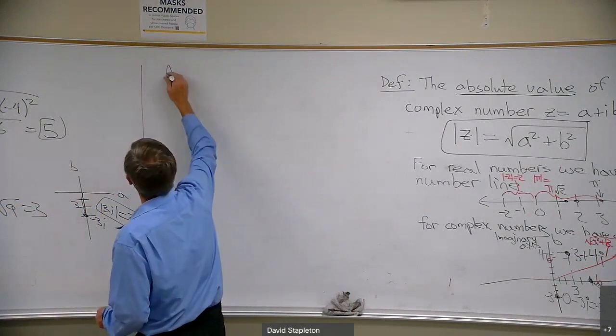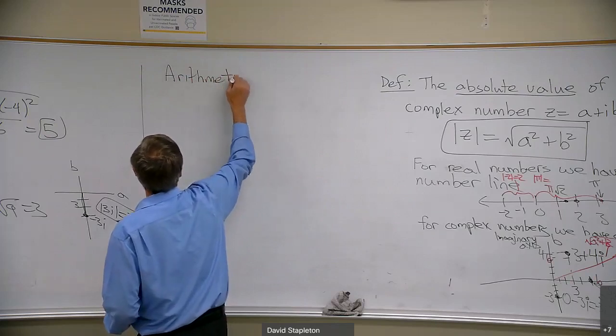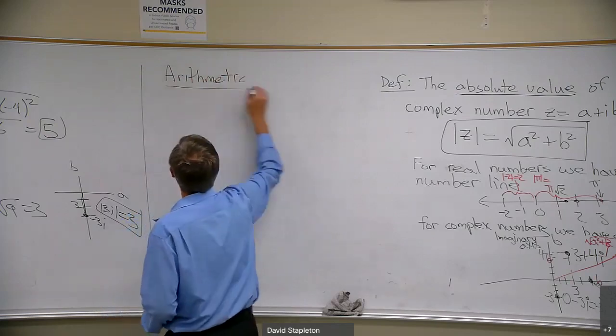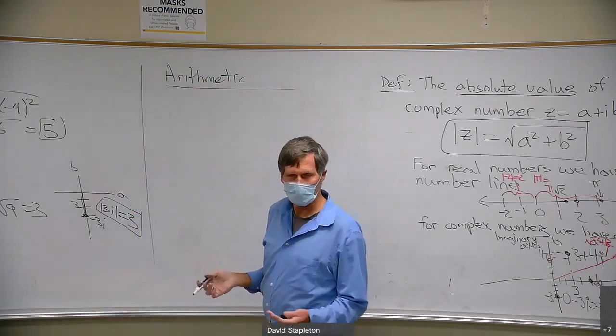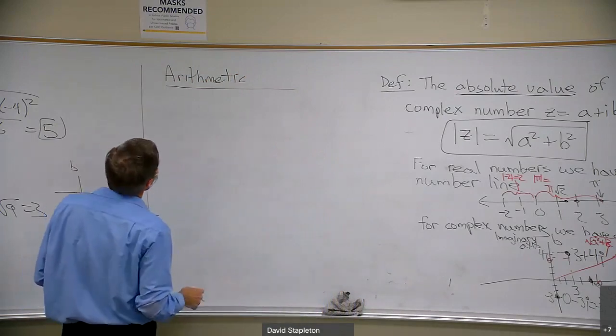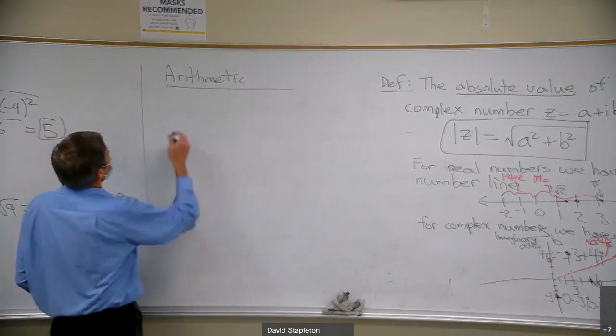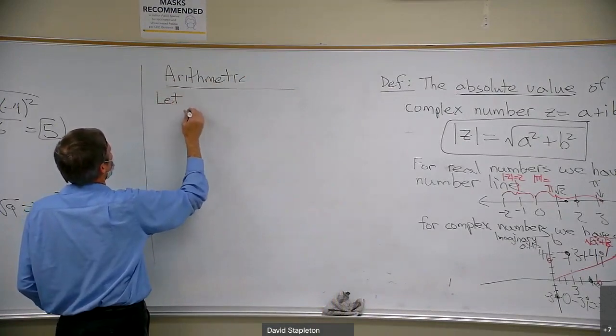Well, we need to be able to do arithmetic. After all, they're supposed to be numbers. What's the easiest thing you could do? This is really, really easy except for division. Division isn't hard. What if I want to add 2 numbers? Let's make this definition.